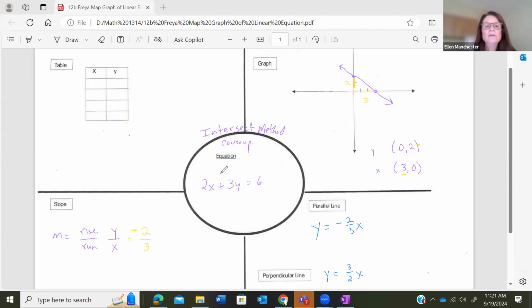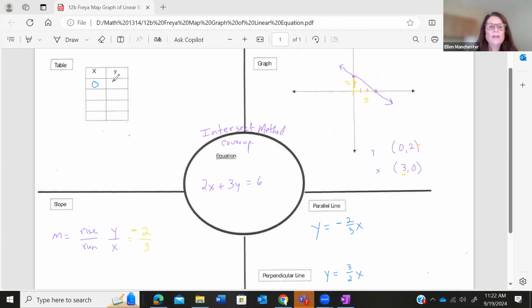Now with the table is a little bit more involved when it's set up this way because there's no one variable. So you can do it a couple different ways. You can put just 0 in for x, which is exactly what the cover up is, right? If I put 0 in for x, I end up with 3y equals 6.